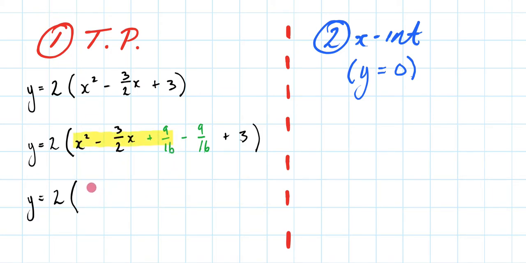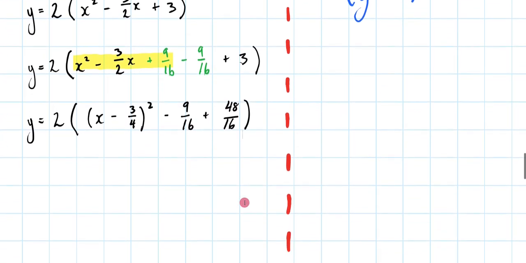So I can factorize that rather nicely as x minus 3 over 4 squared. And then I'm going to still have this minus 9 over 16 plus 3 here. In order to add these together, I'm going to put this as a denominator of 16 and go 3 times 16 is 48. Then close my bracket.